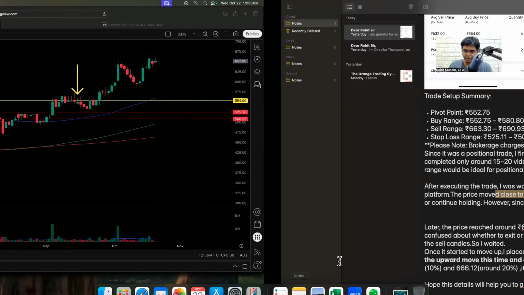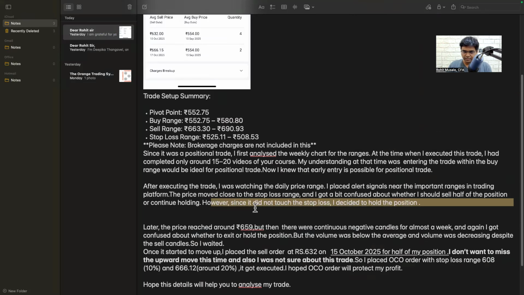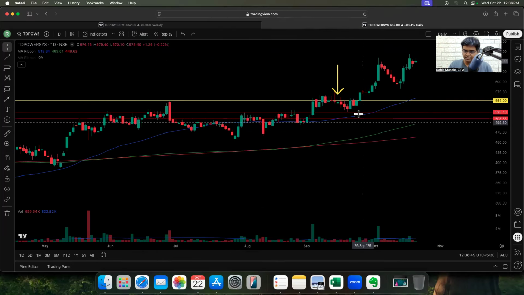Let's check her email. However, since it did not touch the stop loss, I decided to hold the position. So she is saying that the stock started to come down. It hit her first alert, but it did not hit her stop loss. Let's just assume that she put her stop loss at 8% because that is what I teach, 8% or 7%.